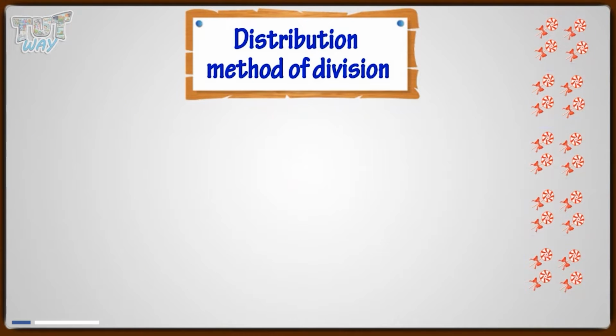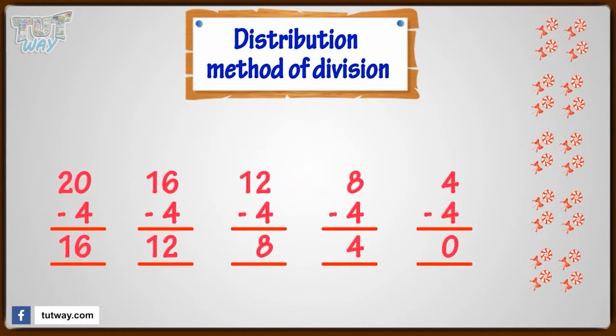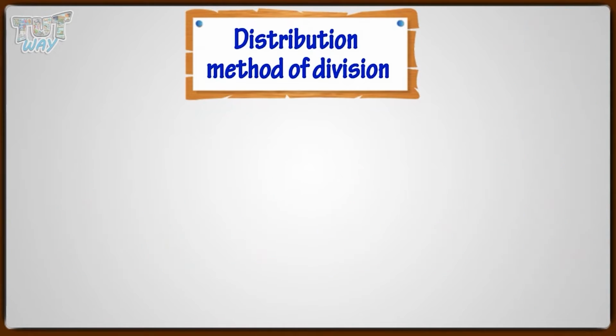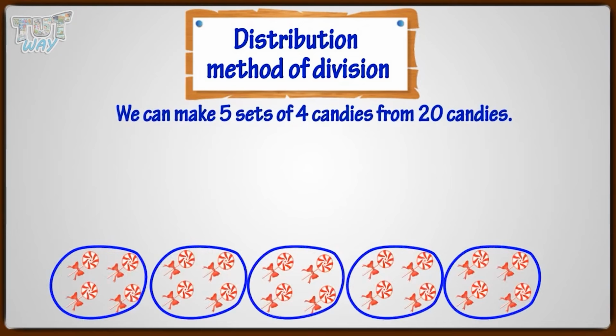So we can subtract 4 5 times from 20. Or we can make 5 sets of 4 candies from 20 candies. Or 4 candies will be there in each set if we divide 20 into 5 groups.